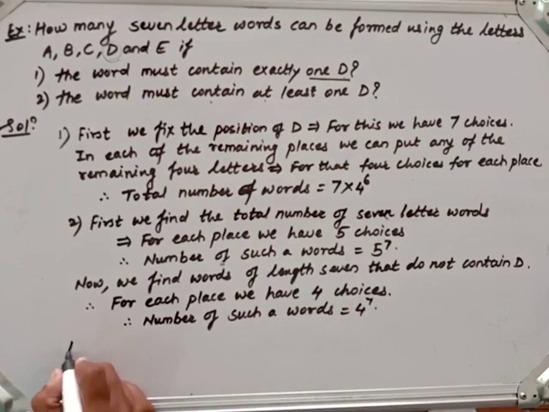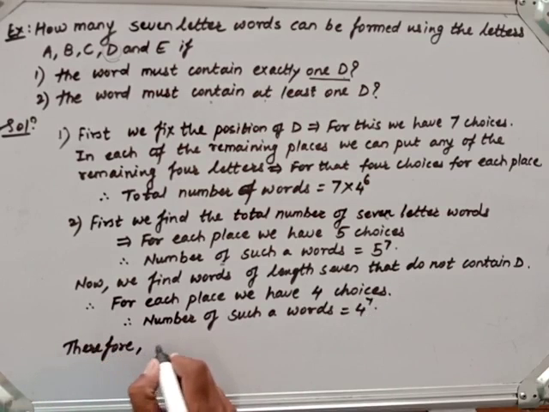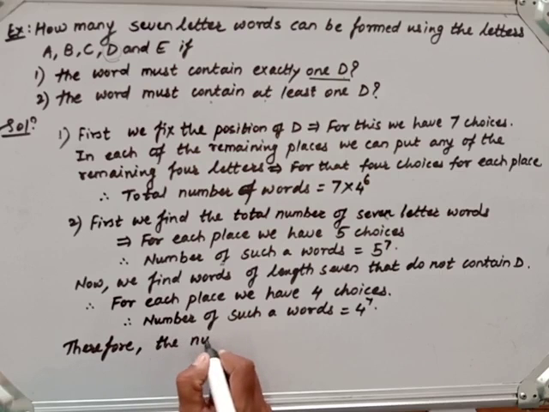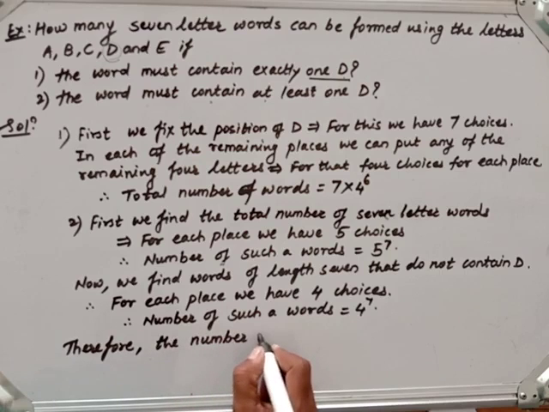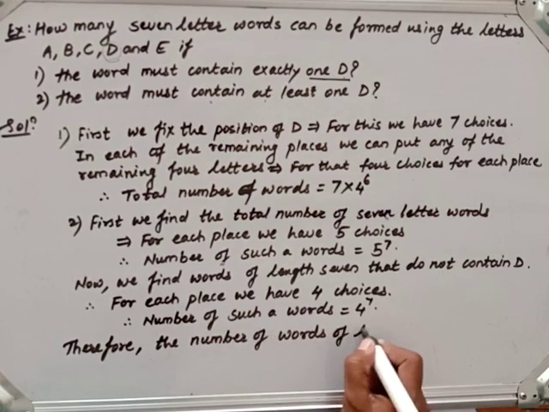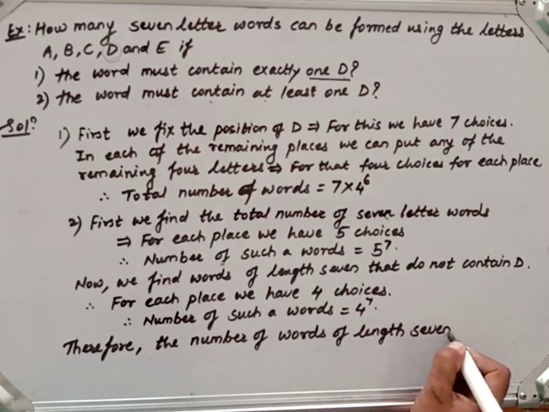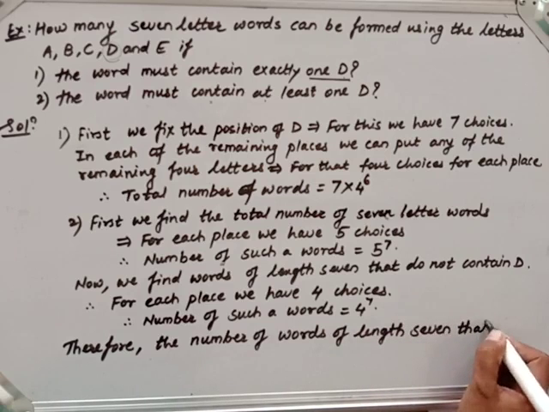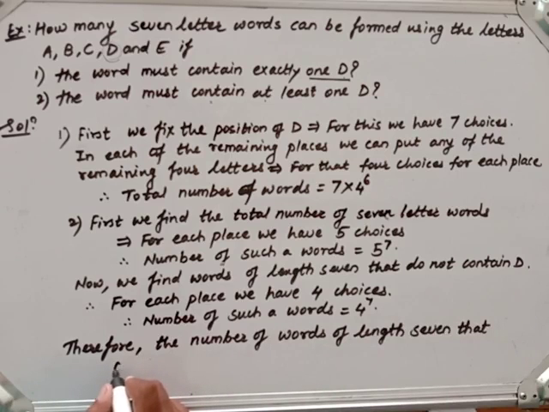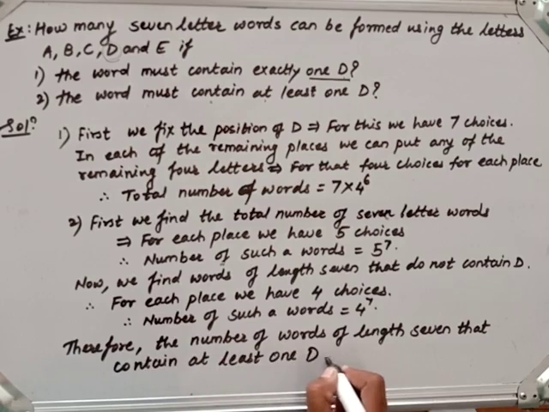Now therefore, as I said earlier, the number of words of length 7 that contain at least 1 D is what?